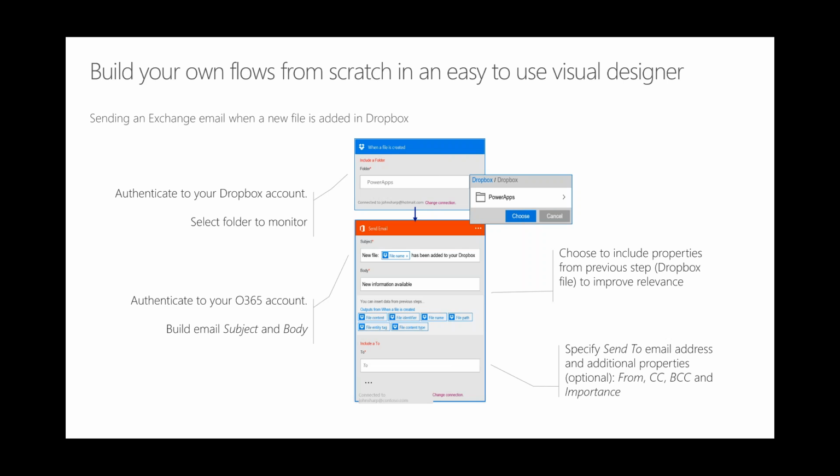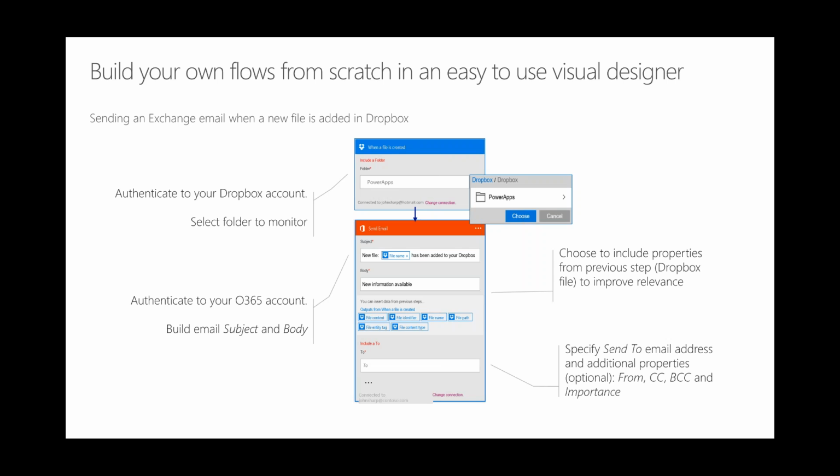So I want to see whenever a new file is added to my PowerApps folder in Dropbox. You can see in that Dropbox scenario as well, it tells me whose login I'm using. For this particular one, I'm using John Sharp's connection to Dropbox. And so I'm watching for that new file to be added into Dropbox.